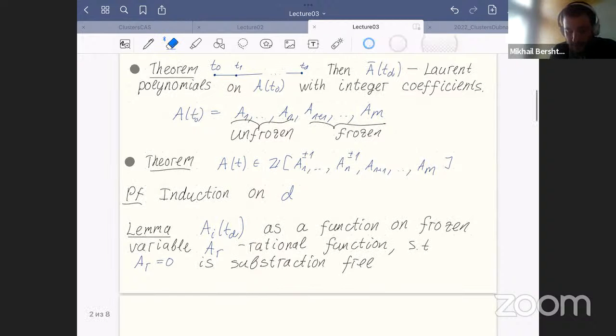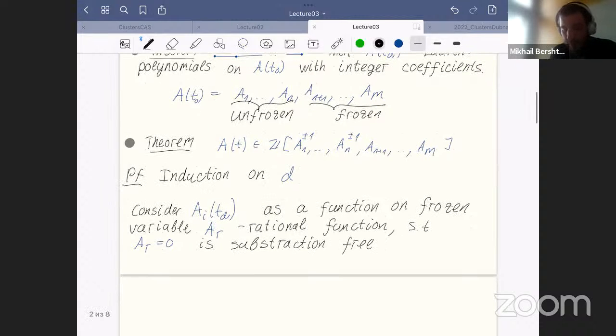We consider any function as a rational function on the frozen variable ar. So we fix some ar. Then we know that this is a Laurent polynomial. Okay, let me not put this as a lemma, just as a statement. We consider it as a function on the frozen variable ar.